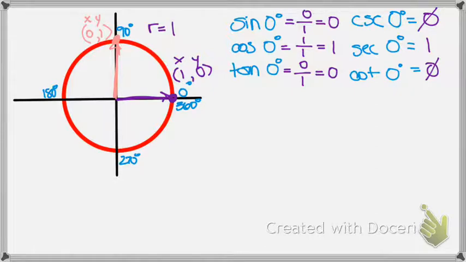To get to 180, I have to go to the left over here to get to that point. To get to 180, I'm going to go left how many? Okay, -1. Up and down, 0. So I'm going to use that x and that y for 180. Okay, and then for 270, to get down to this point right here, I'm going to use what x and what y?